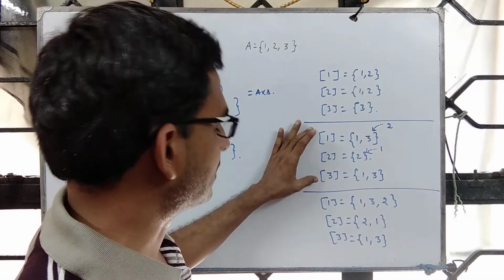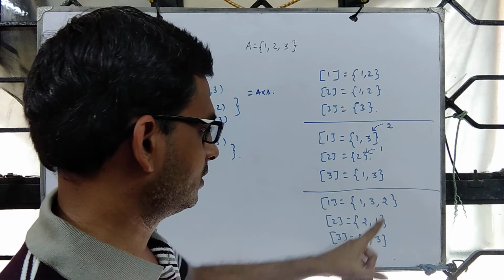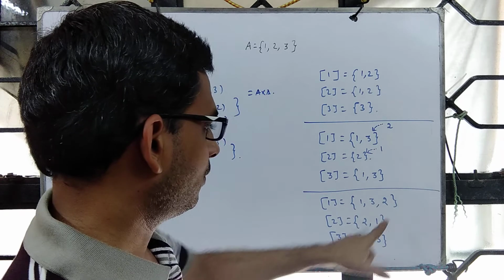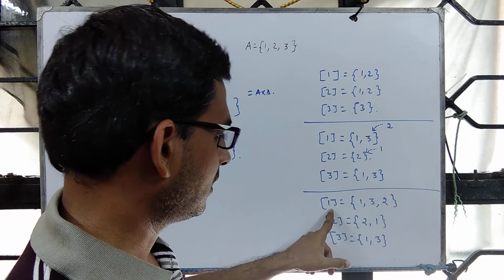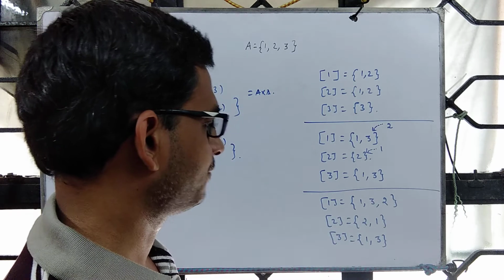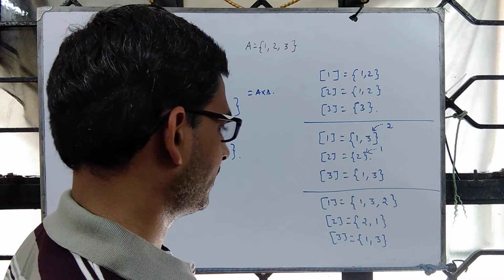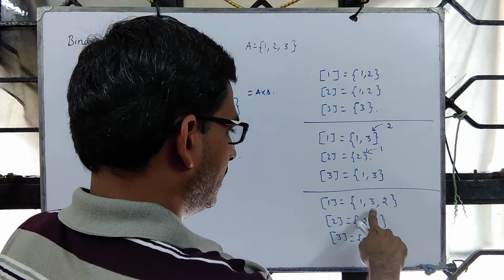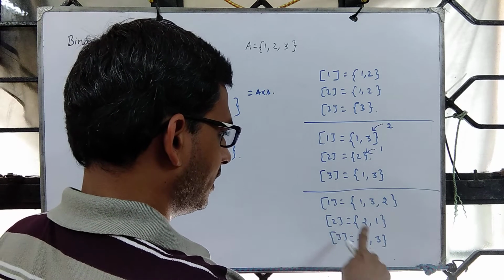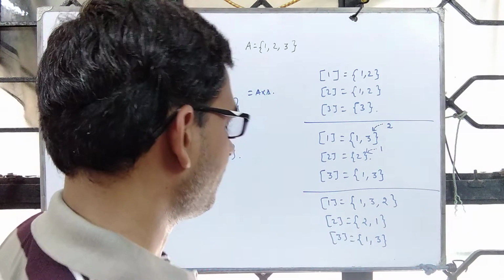Similar thing you can see when you build equivalence classes also. Suppose you start with this, then you try including 2 into this. Suppose it becomes like this, {1, 3, 2}. Now because 2 is present in 1, then you are forced to include 1 in 2. Okay. Now is this satisfying what we want? Okay, let's see. 3 is present in 1, and so 1 is present in 3. Okay.